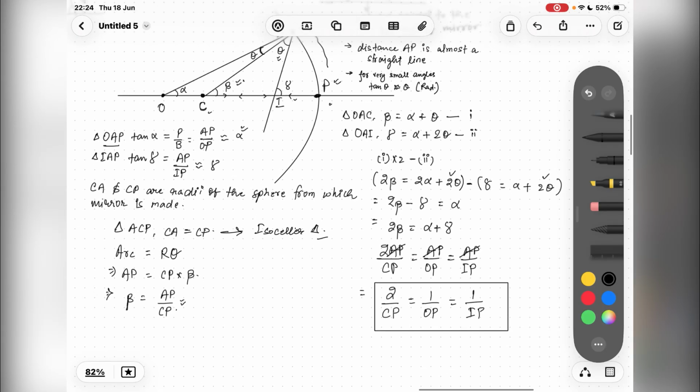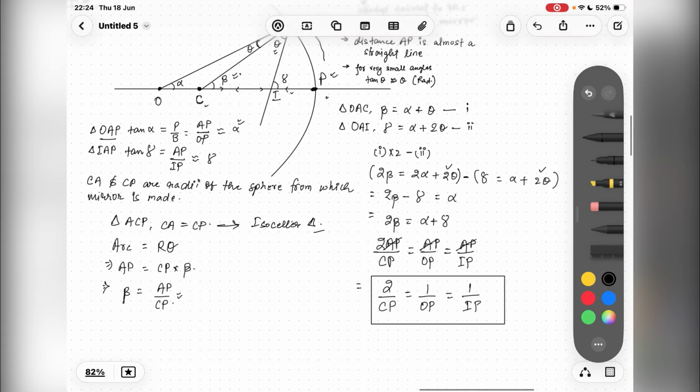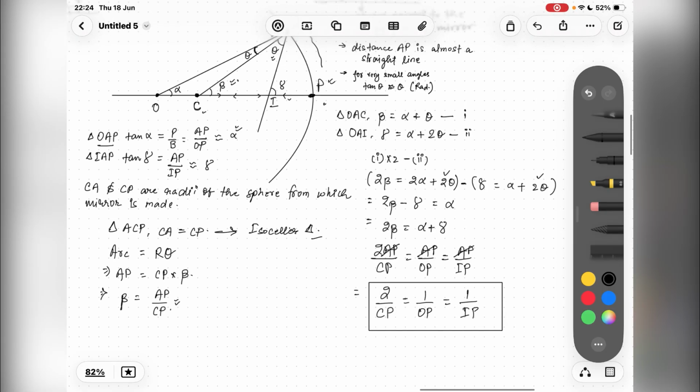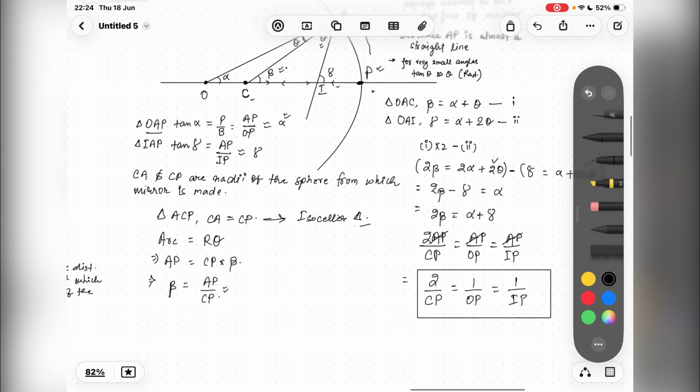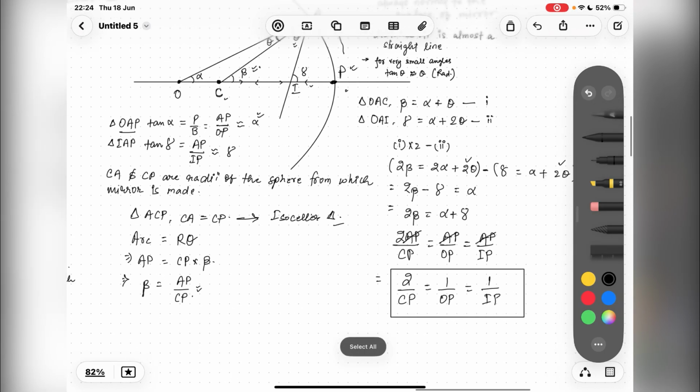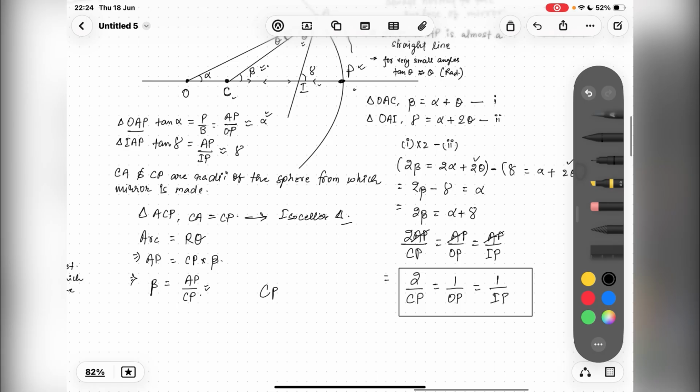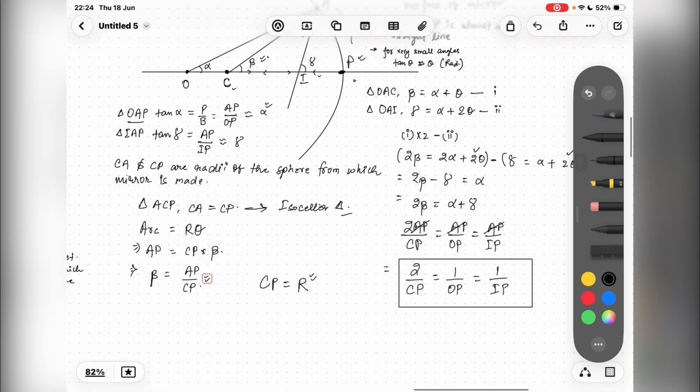Okay, so now let's see what is CP. CP is the distance between pole and the center of curvature, which is also known as the radius of curvature.